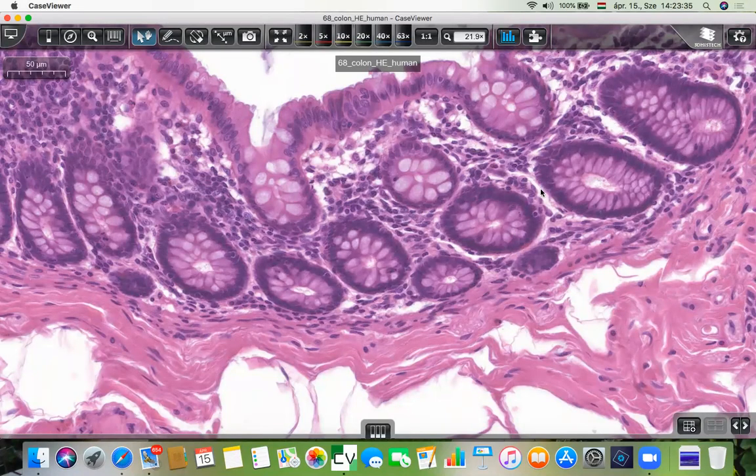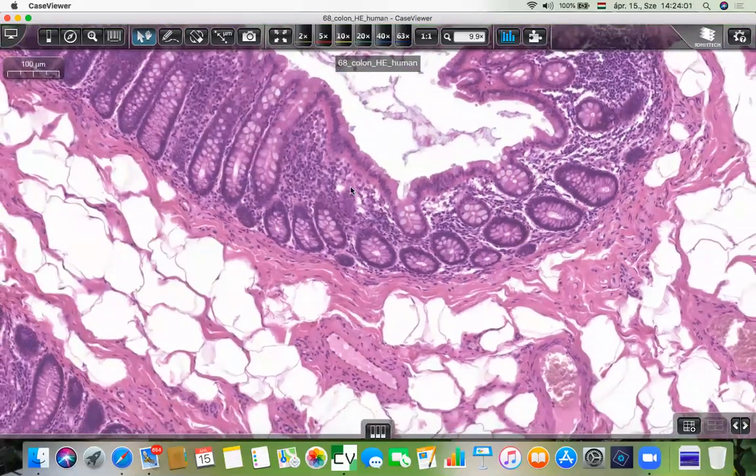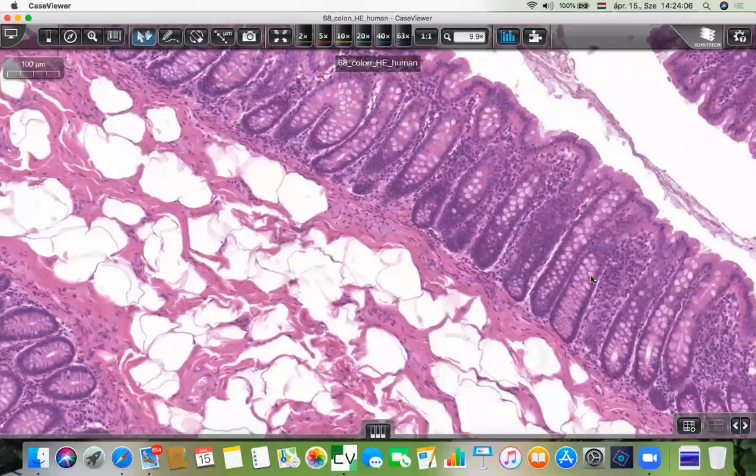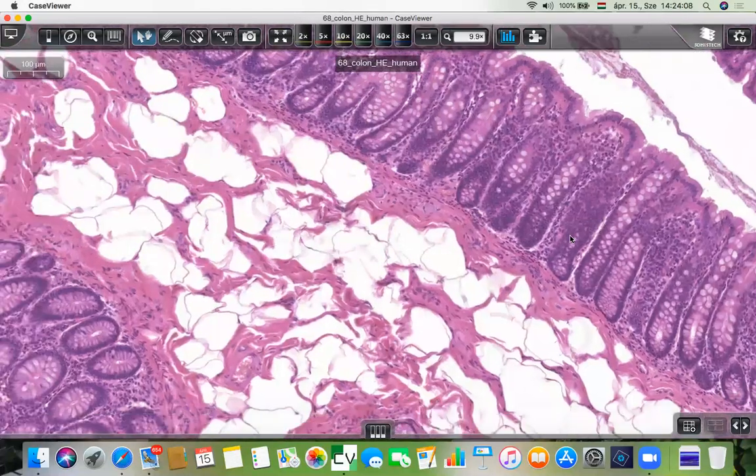The cells in the crypts are goblet cells, enterocytes, undifferentiated cells, and enteroendocrine cells. But in a healthy colon, no Paneth cells. I know the booklet says different, but in a healthy colon, no Paneth cells are presented. Paneth cells are typical cells of the small intestine.